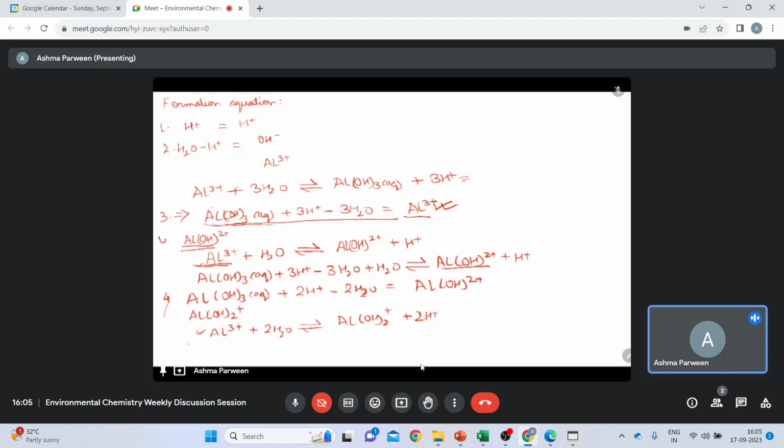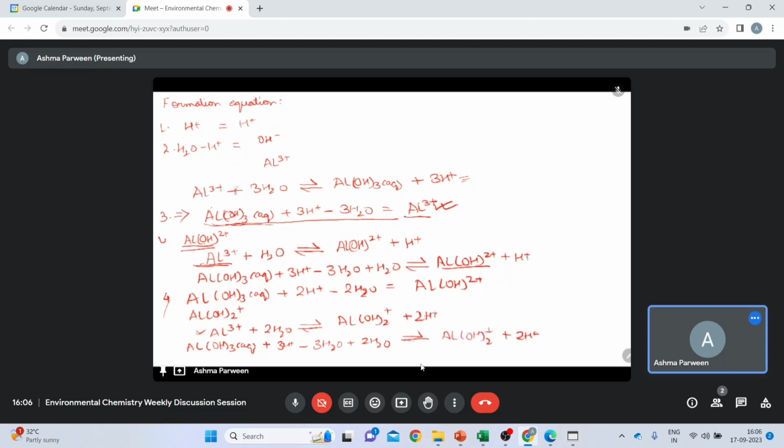So AlOH whole 3 aqueous plus 3H+ minus 3H2O plus 2H2O will give us AlOH whole 2 plus 2H+.